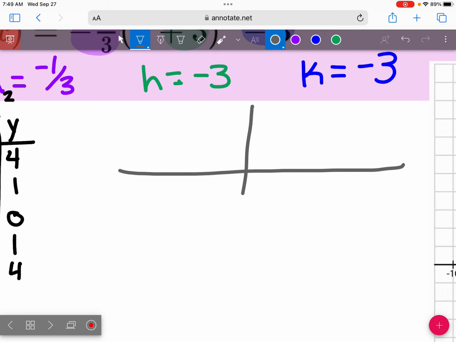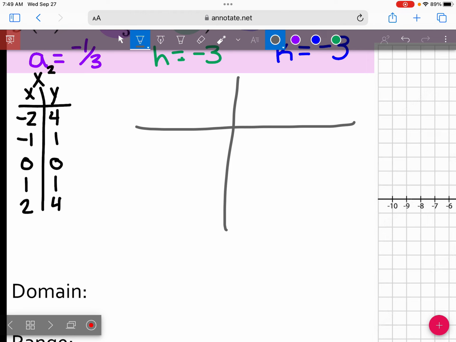We're going to take the parent table and do our changes to it. So we're going to take our x plus h and y times a plus k. We're going to start with adding -3 to our x values.